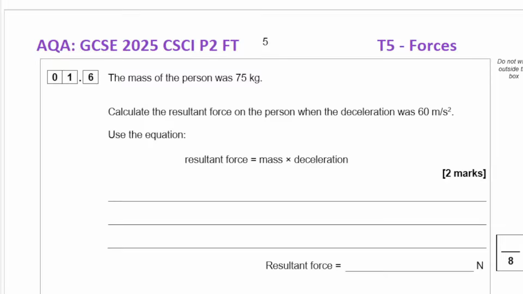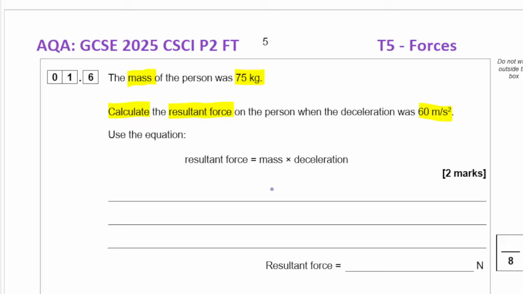The mass of the person was 75 kilograms. So the mass of the person is 75 kilograms. Calculate the resultant force on the person when the deceleration was 60. Use the equation. So again, they have given you the equation.